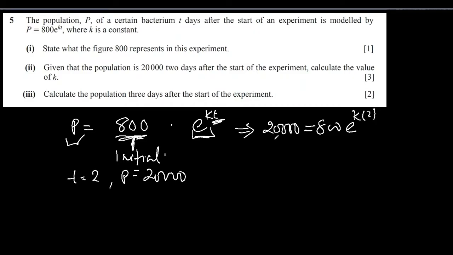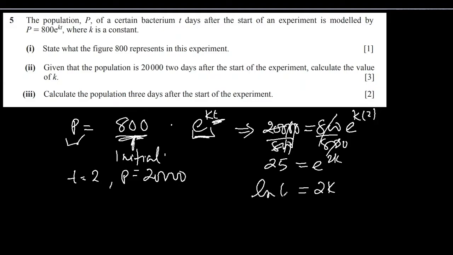Alright, so we divide both sides by 800. These two zeros cancel and we get 25 equals e to the power 2k. If we get rid of e, the other side becomes ln, and k will be ln 25 over 2. This is the value of k.